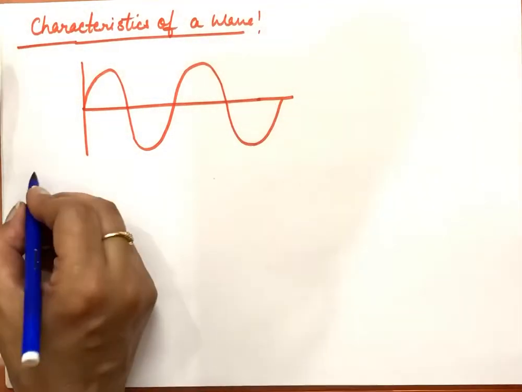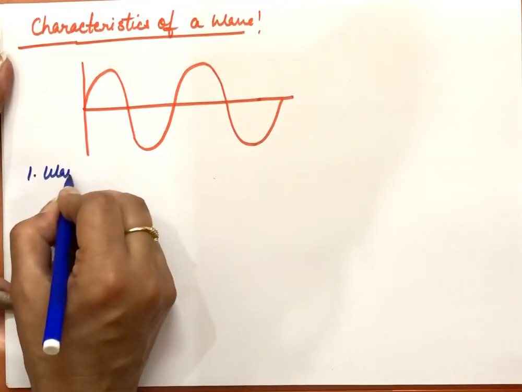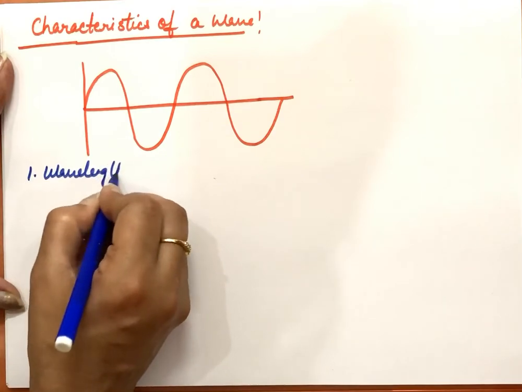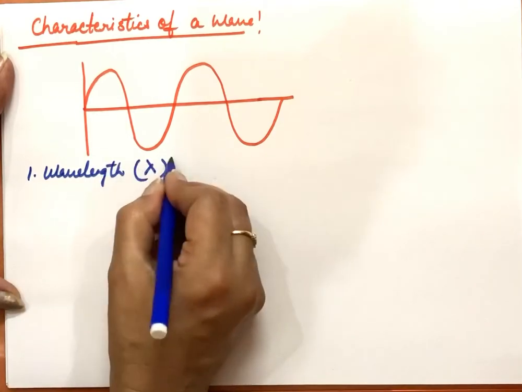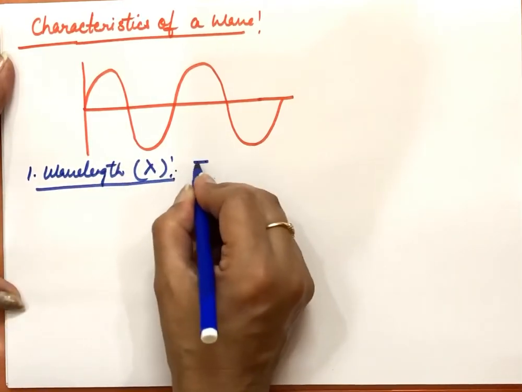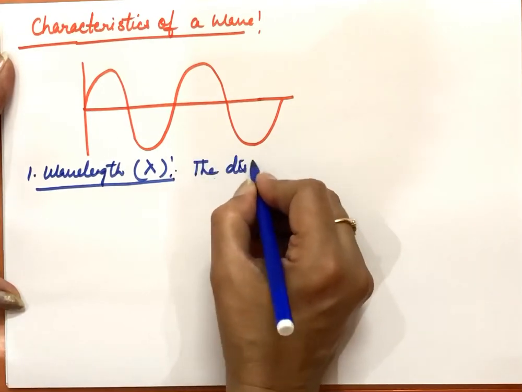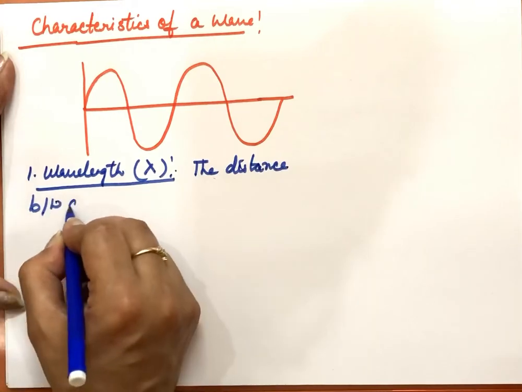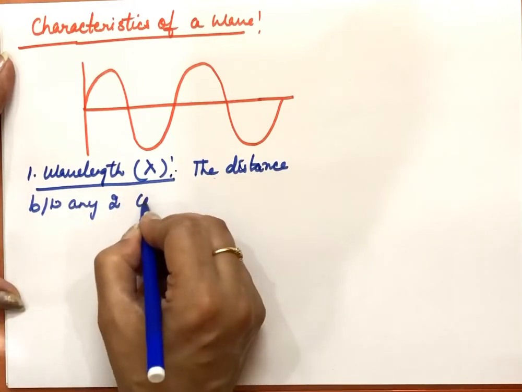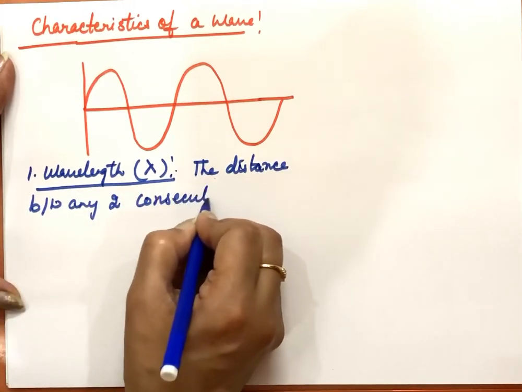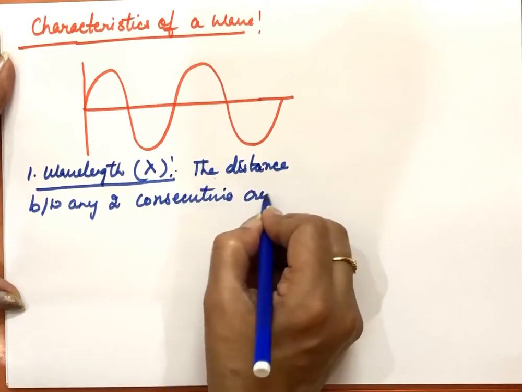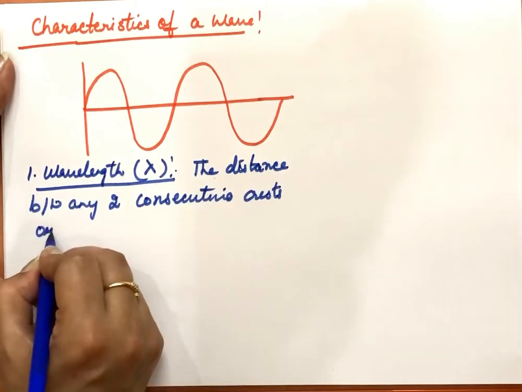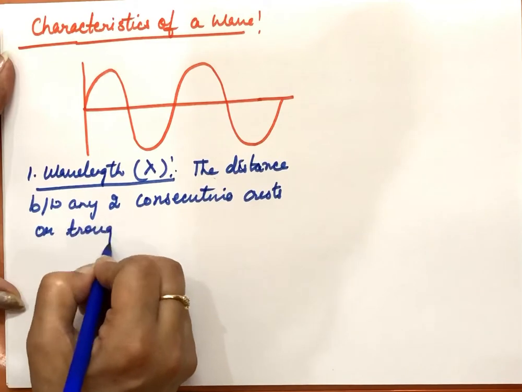The first characteristic is wavelength. Wavelength is denoted by the symbol lambda. It is the distance between any two consecutive crests or troughs in a wave.